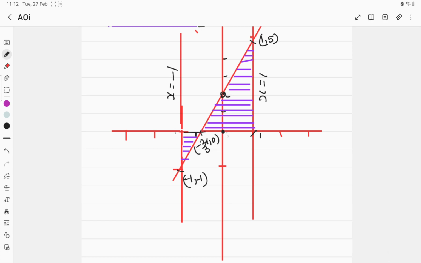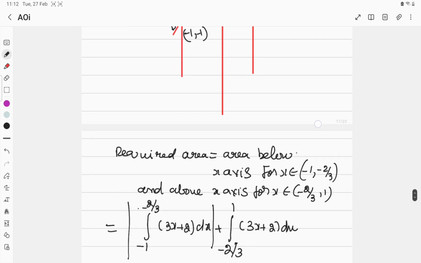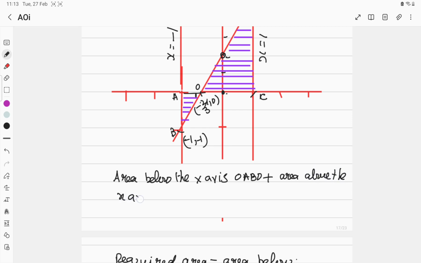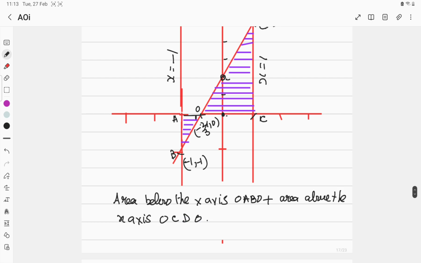So the area below the x-axis, OABO, plus the area above the x-axis, OCDO.